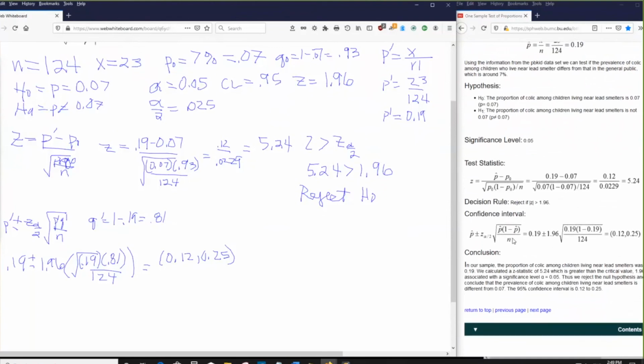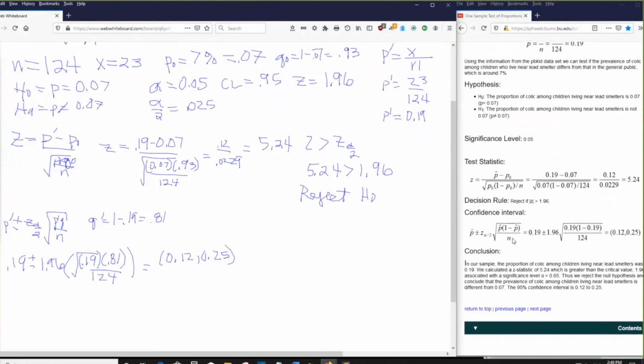We can also say that we have 95% confidence that the population value is going to be between 12% and 25%.